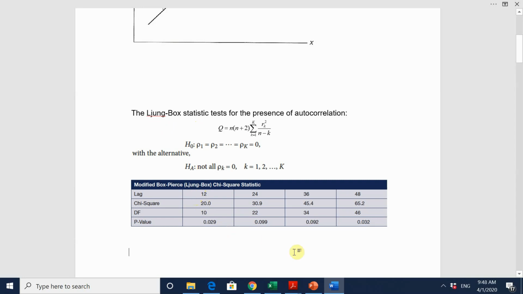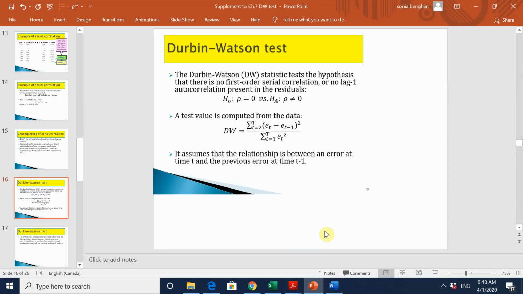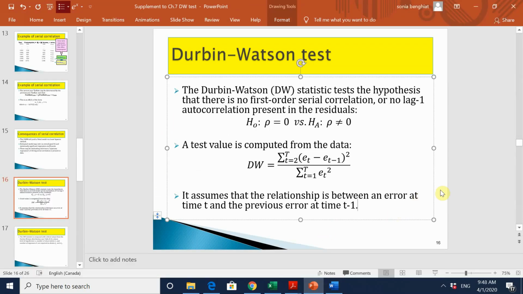What if I'm only interested in the first time lag? I want to know if my residuals are autocorrelated in the first time lag. That is what the Durbin-Watson test takes care of. It determines whether there is a first order serial correlation.